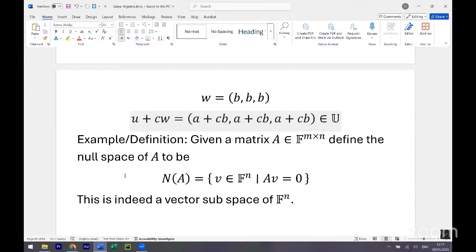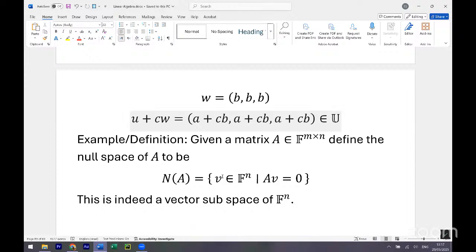Tomas? No, I was thinking about that. Why is it a subspace of Fn if we're multiplying by A? No, but you don't multiply by A. It's the vectors that when you multiply by A go to 0. These are the solutions to the linear system of equations.